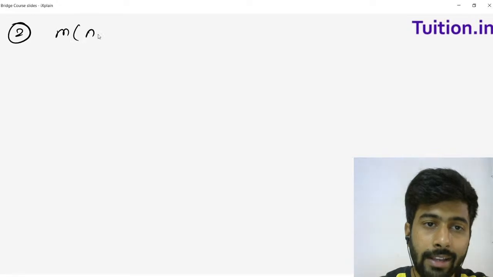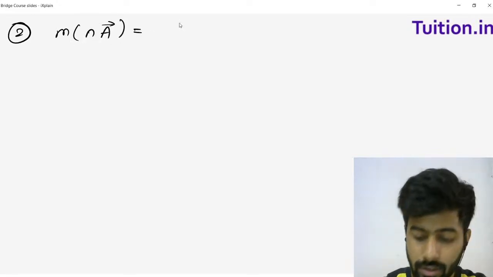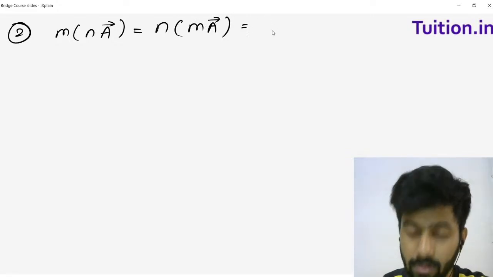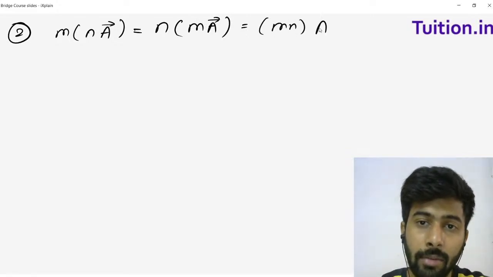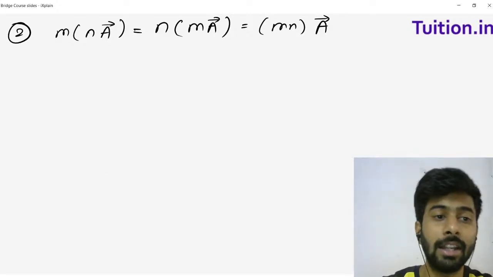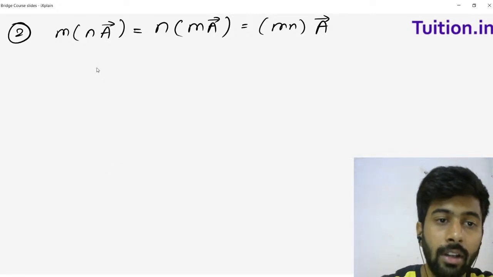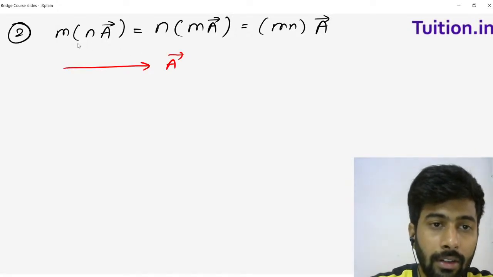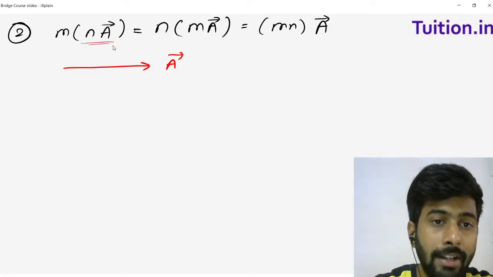m into n a bar is equal to n into m a bar, and that's equal to m times n into a bar. Again, use the same analogy. You have a vector A bar. The first part is telling you to multiply this with n, right?